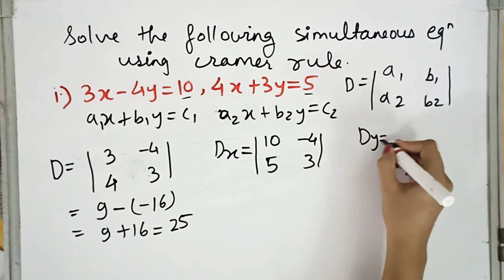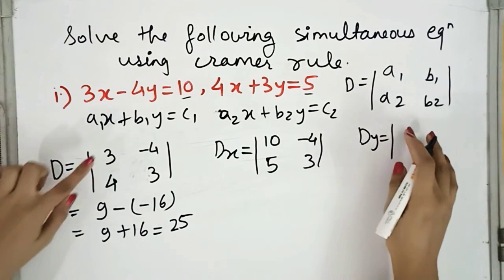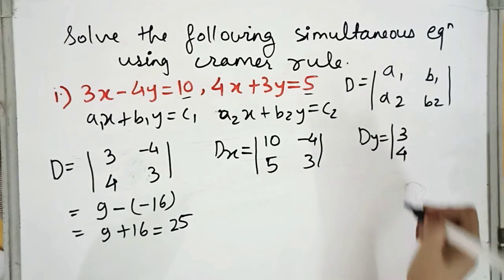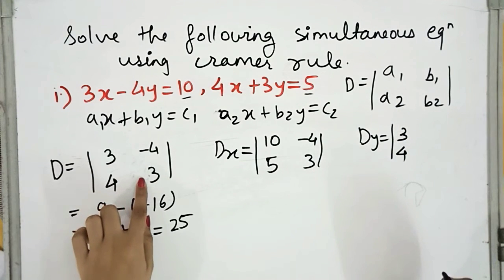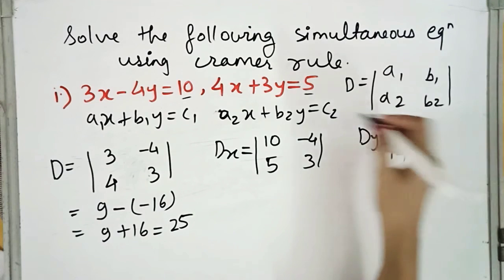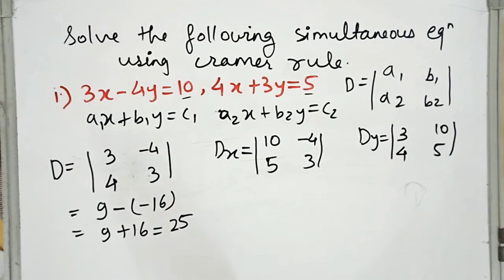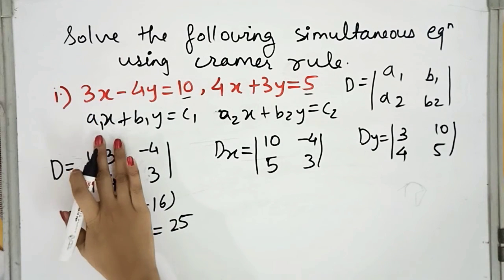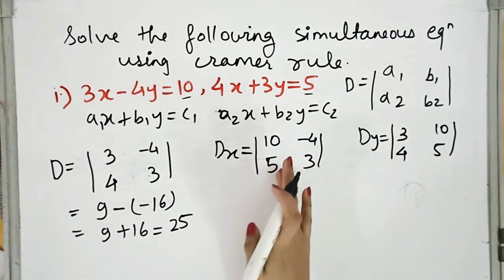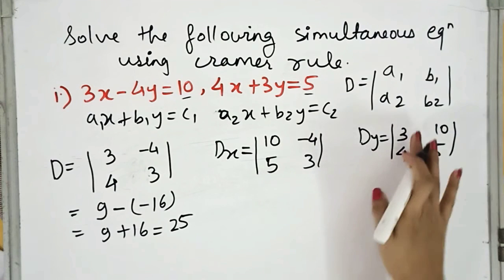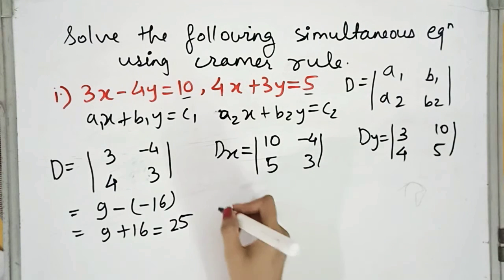Similarly for Dy, we keep a1 and a2 as they are, that is 3, 4. We replace b1 and b2 by c1 and c2, that is 10 and 5. It's simple. First replace the x elements with c1 and c2, then replace the y elements with c1 and c2.